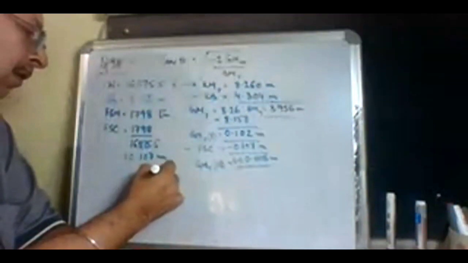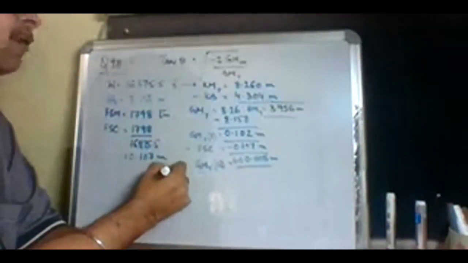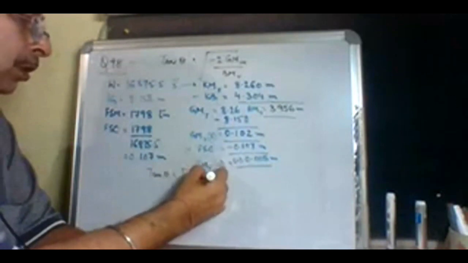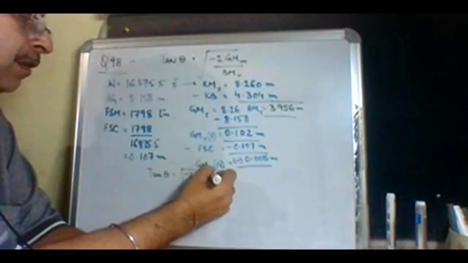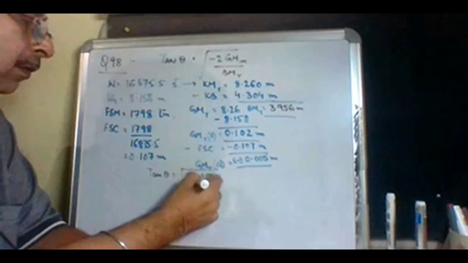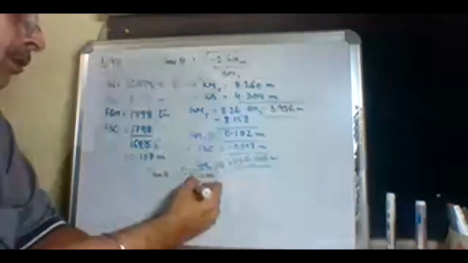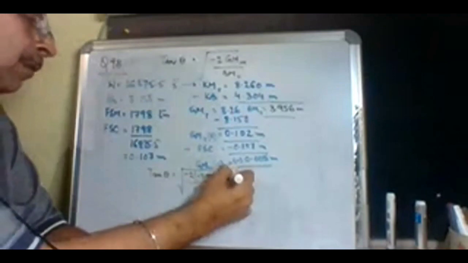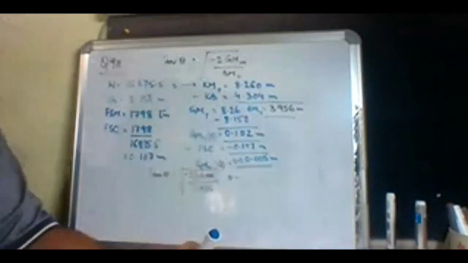I can go into the formula. Tan theta is equal to minus 2 into minus 0.005 upon 3.956. So calculate the theta.